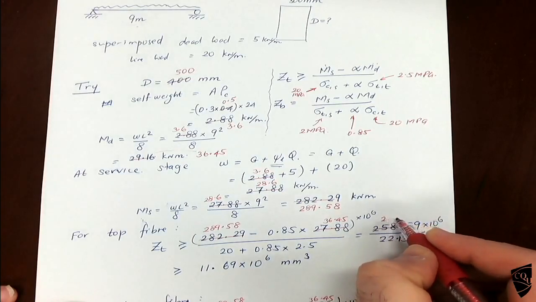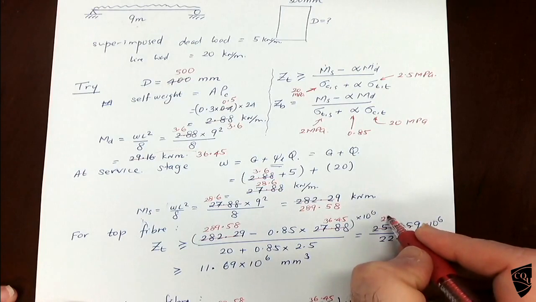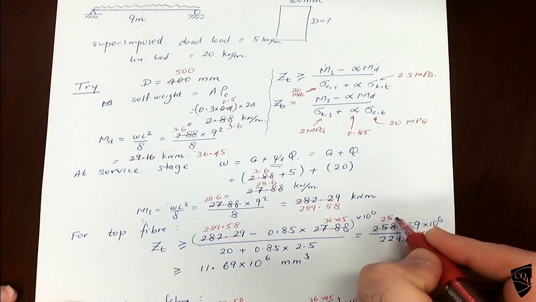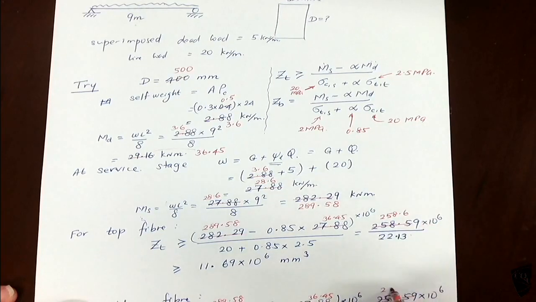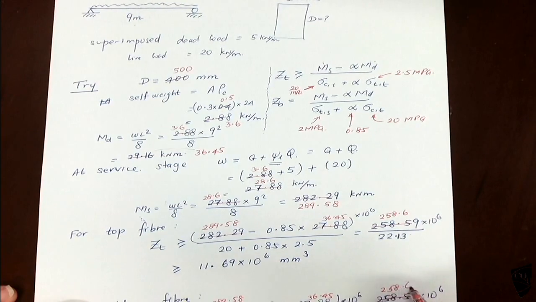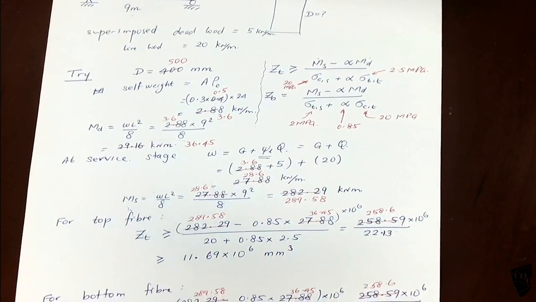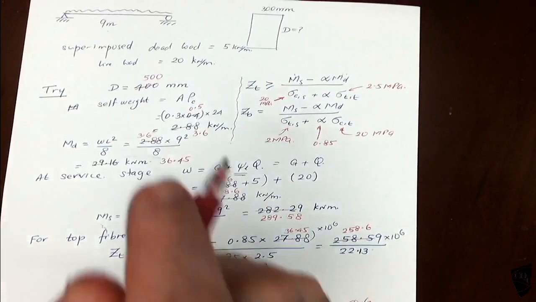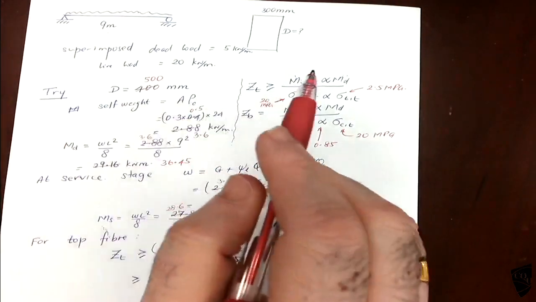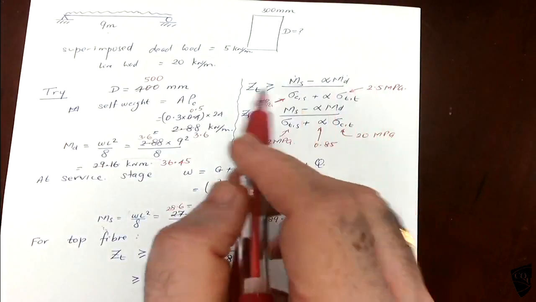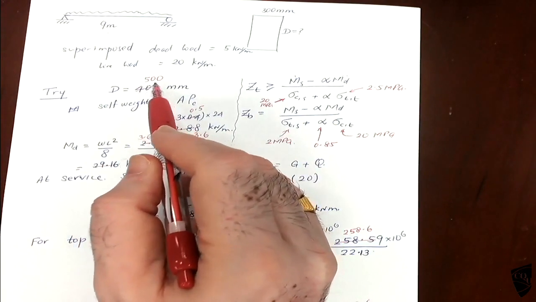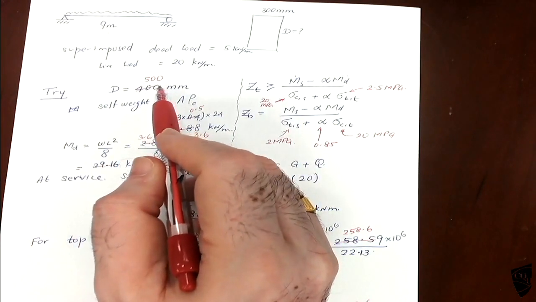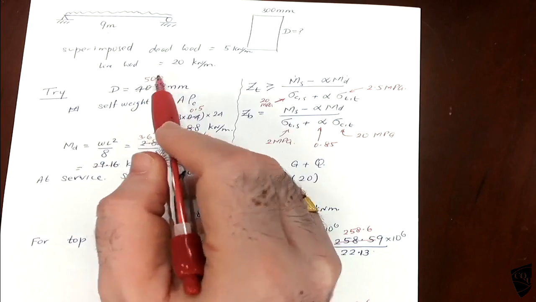258.6. So it doesn't change much. You can see I changed the D by 100, about a 25% increase.